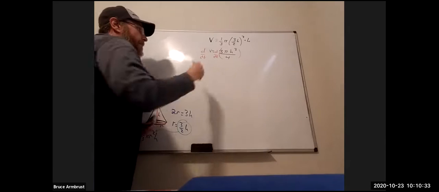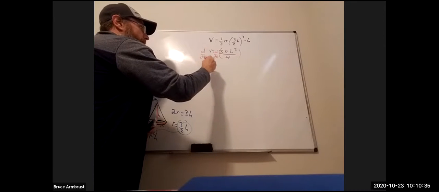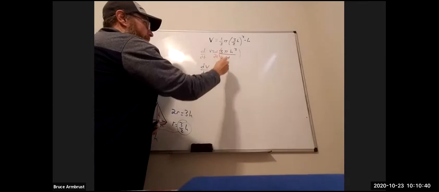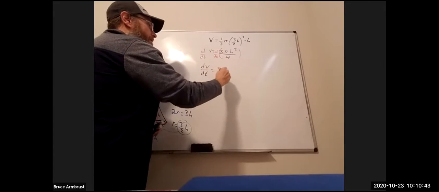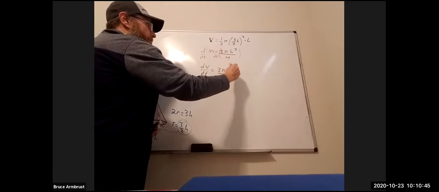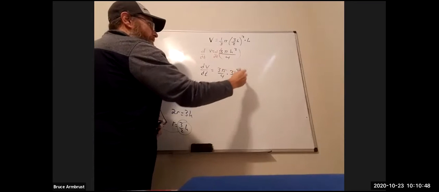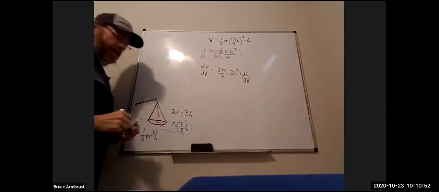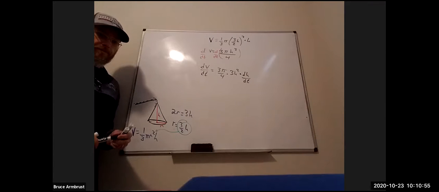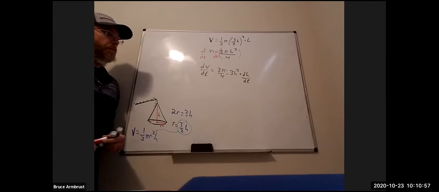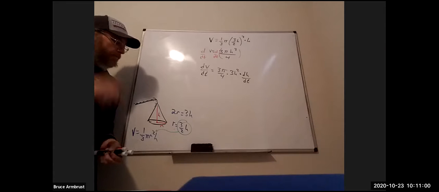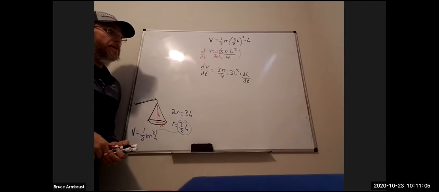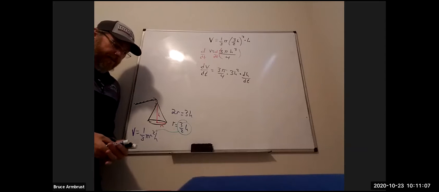On the left, we're going to get dV/dt, the derivative of V. On the right, the 3/4 pi is constant. h cubed, its derivative is 3h squared times dh/dt. And so now we have a relationship between dh/dt and dV/dt.